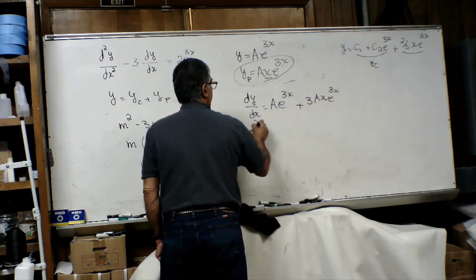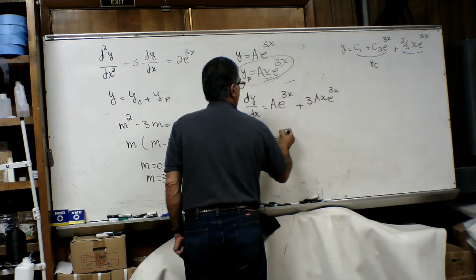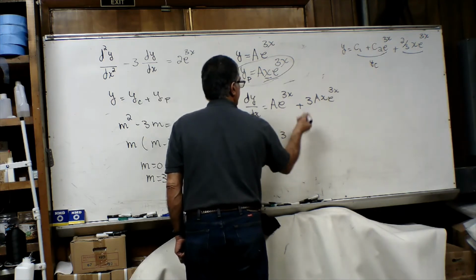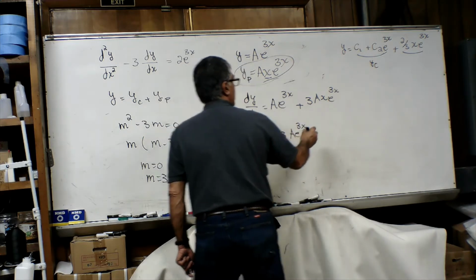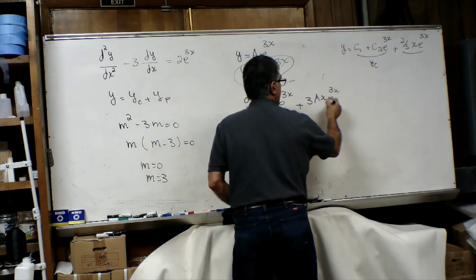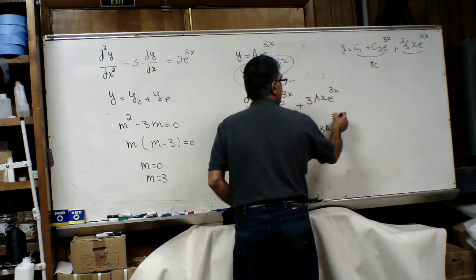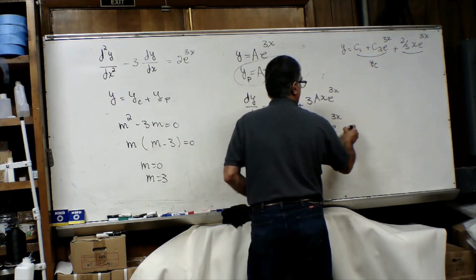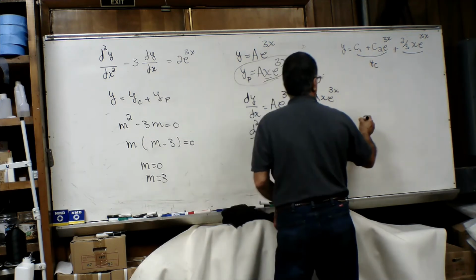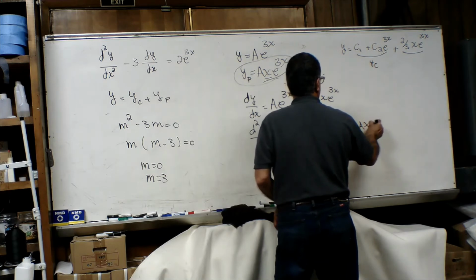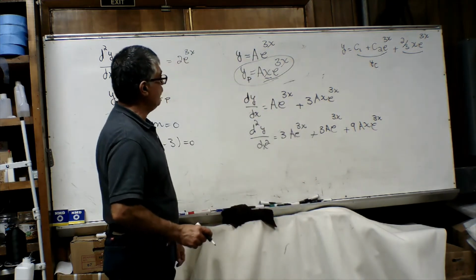And d2y over dx2 is equal to 3a e to the power 3x plus 3a e to the power 3x plus 9a x e to the power 3x. So this is the second derivative.